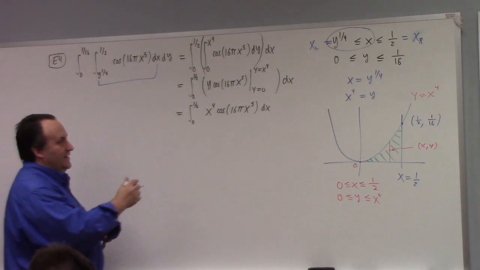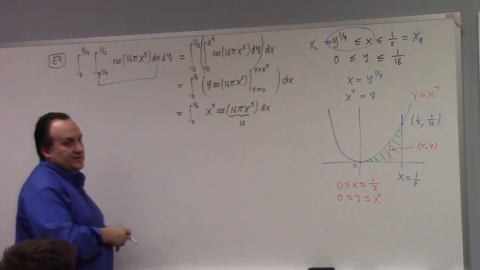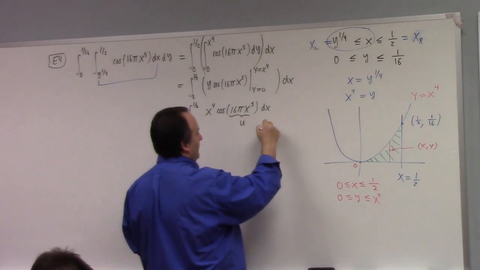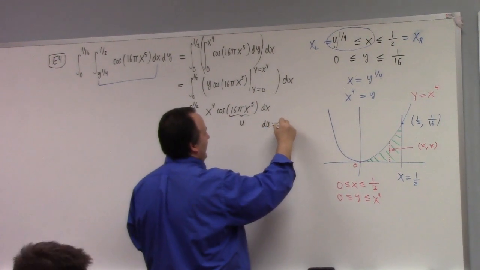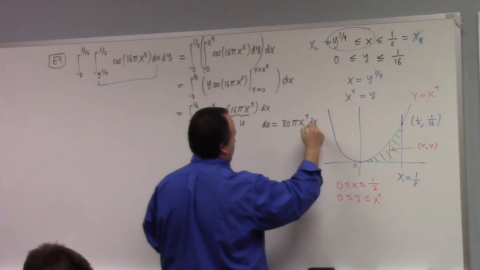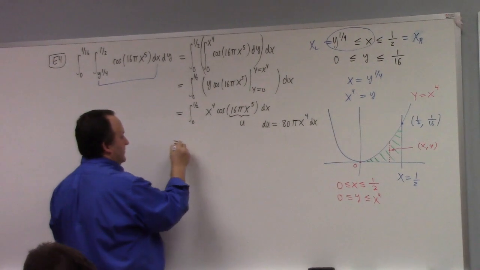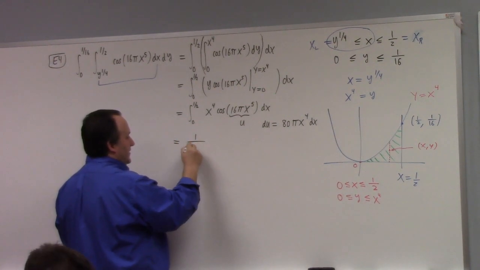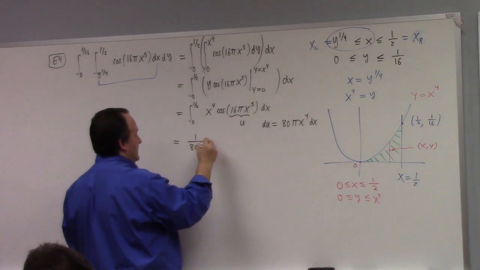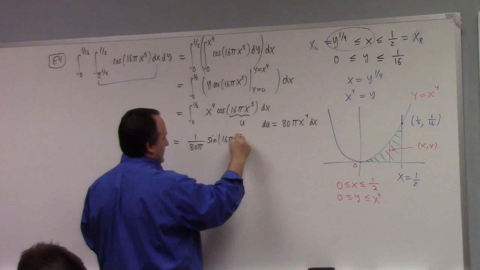This is what we should make our u, right? If I make that u, that makes du what? 80 pi x to the fourth dx, right? So I have an x to the fourth dx here. So what this integral becomes is 1 over 80 pi sine of 16 pi x to the fifth.